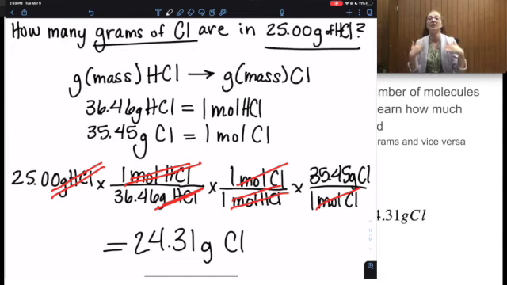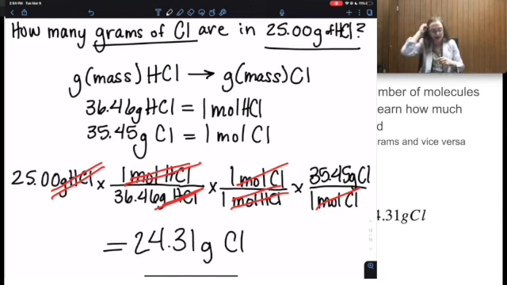So if I started with 25 grams of hydrochloric acid, it's a pretty good sign that my grams of chlorine is smaller than that, okay? If you end up with a mass that's way bigger, something's wrong. Go back through, double check what you've done. Otherwise, this one looks like it's right on track.